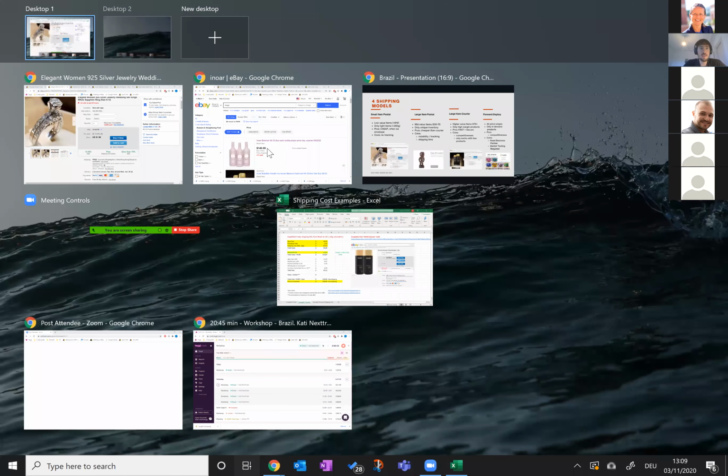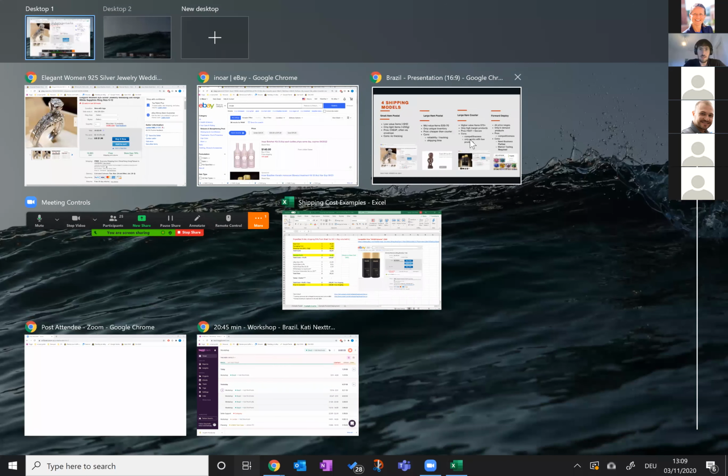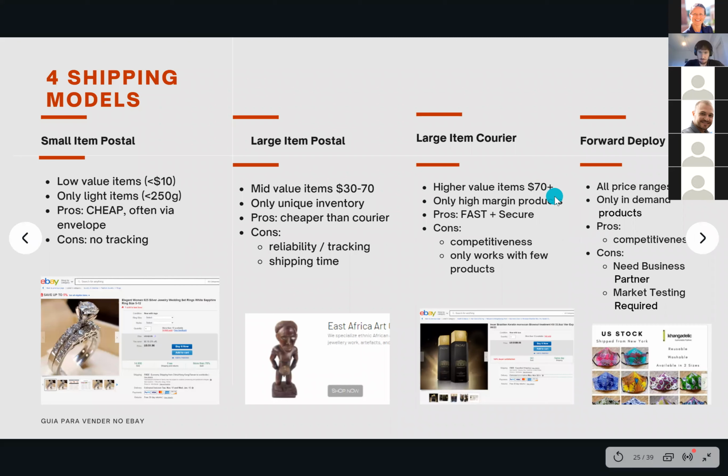However, what I've seen in our groups is more of the heavier and more expensive, higher average selling price products. And here I've seen successful sellers using postal services, and I've seen successful sellers using express services. Let's very quickly talk about postal services. So the pros of using postal services usually is that it's going to be a little bit cheaper than courier services.